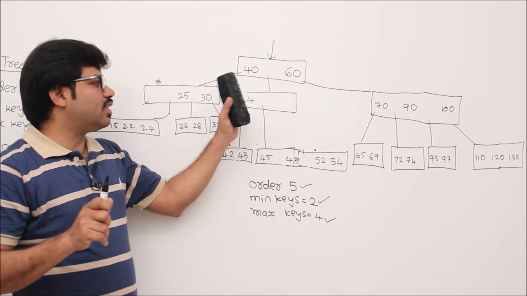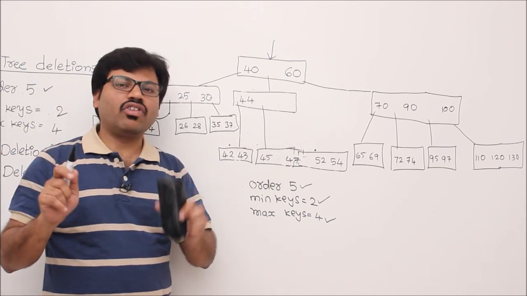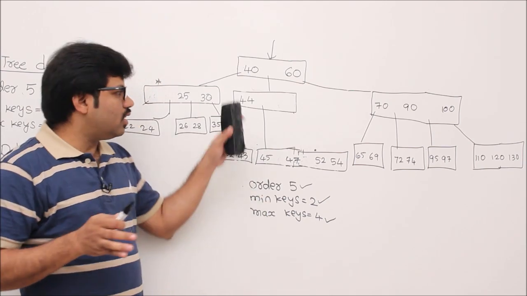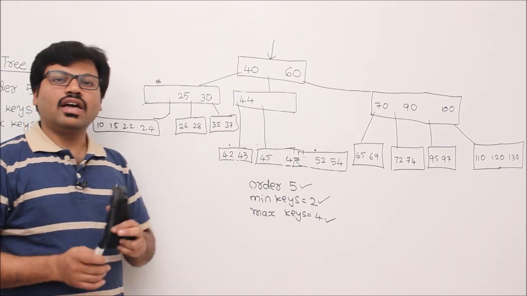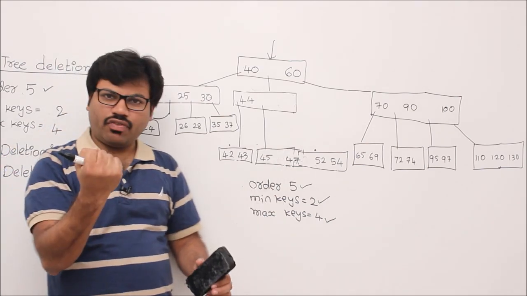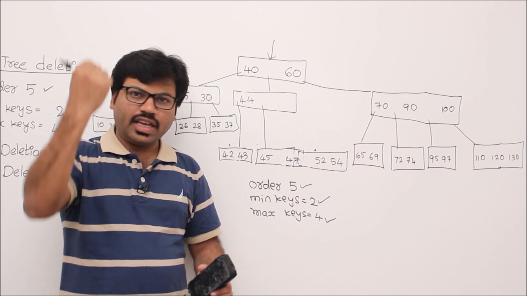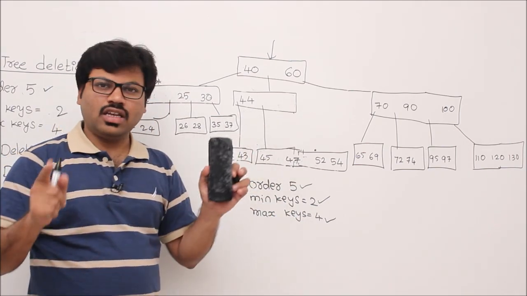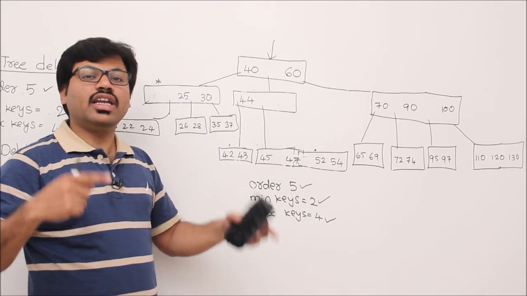Now don't treat this case as deletion from an internal node. Whenever your deletion is from an internal node, that is separate. Now this is a different one. How is it different? I was adjusting a leaf at that time, so I pulled one key from the internal node. When I pull a key from the internal node, then your internal node might have insufficient keys. When you have that problem, we should deal with it separately.